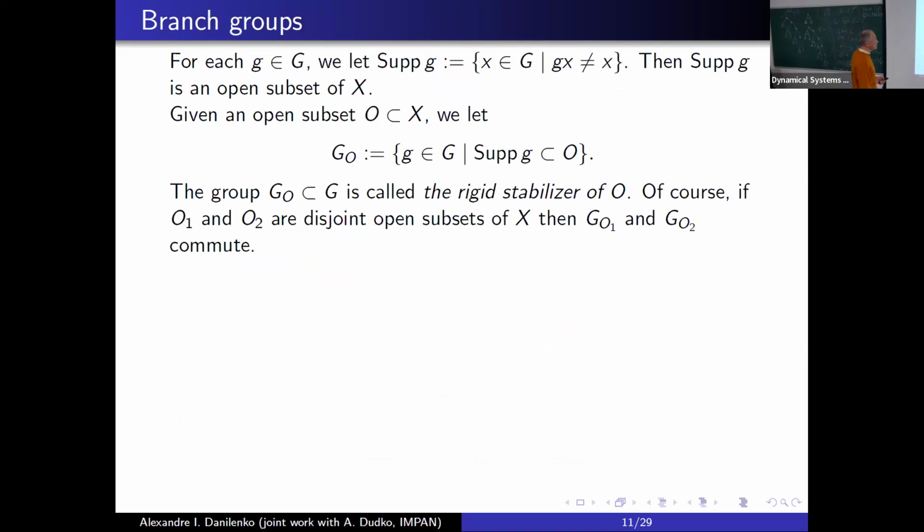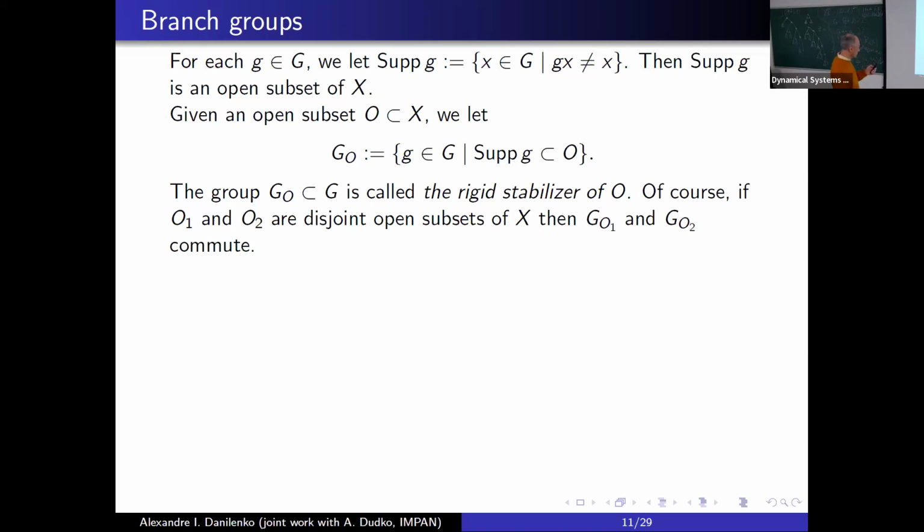Another important concept that we need is the concept of a branch group. For each g, an element of G, denote by support g the set in X where g is not trivial. Then, of course, it's an open subset in X. And given an open subset O, we denote by GO those elements in G whose support is entirely in O. So we see some interaction between space and time.